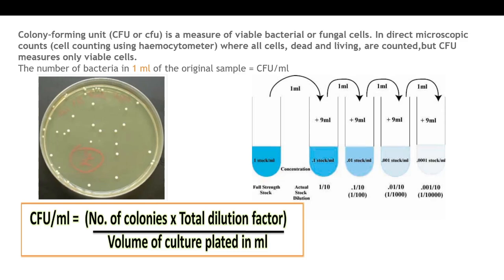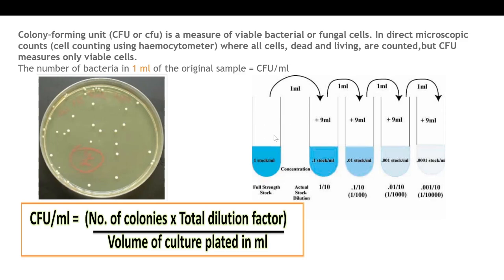What you basically do is you have a stock solution. From that stock solution, you take an equal volume and add it to subsequent volumes so that you dilute your concentrated stock solution by equal dilution. If you are diluting your sample tenfold, then you have to do this tenfold dilution for 3 to 4 steps.